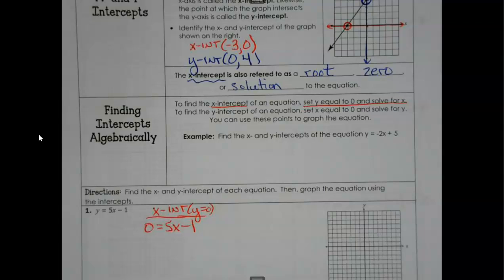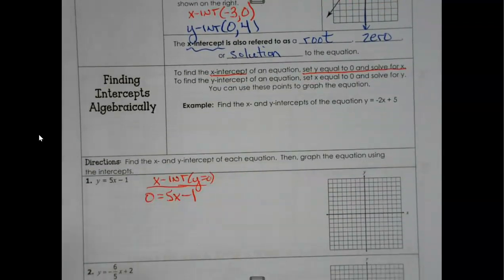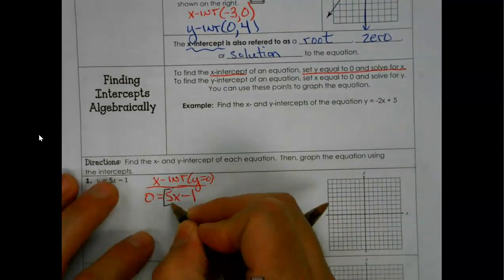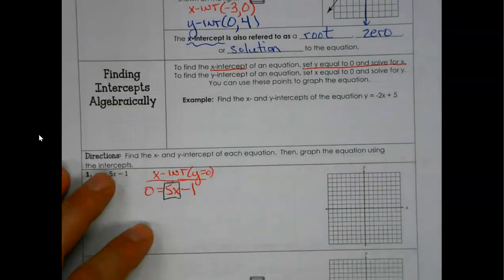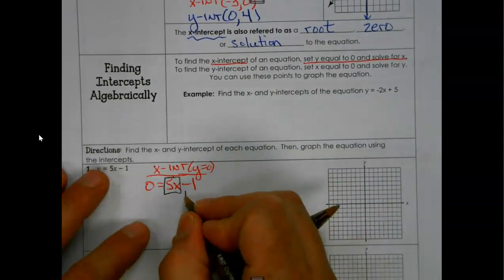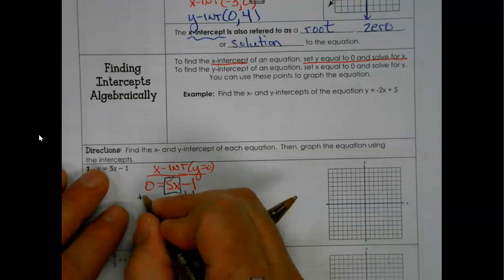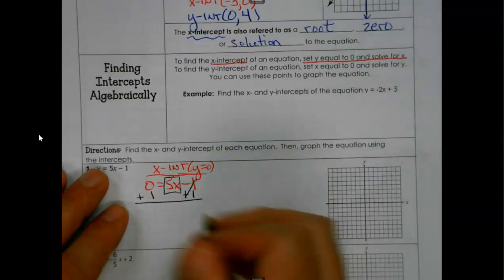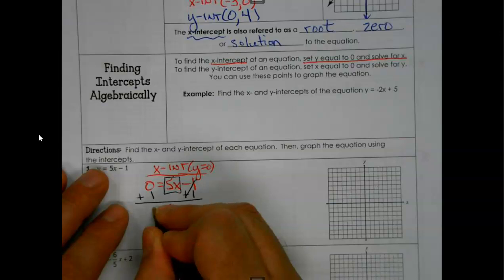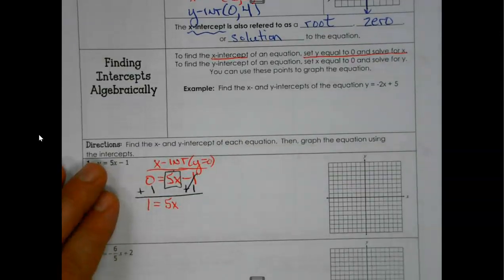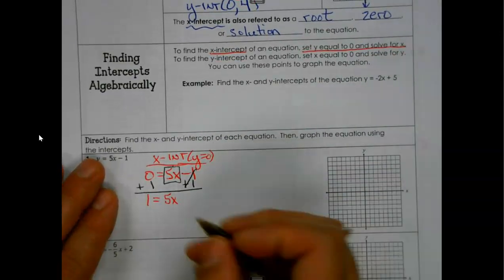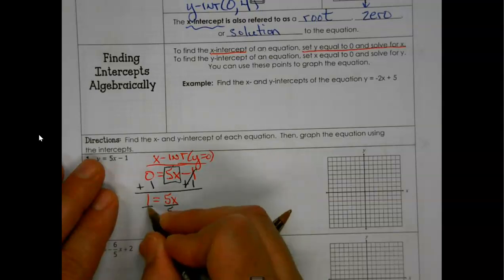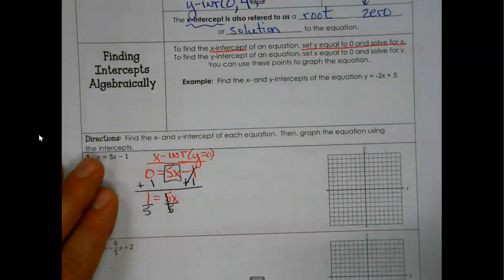And yes, you can get fractions for this. It's okay. So I want to get my 5x alone first because we're solving for x. We're still just doing opposites like we're always doing anytime we're solving an equation. And again, if you get a fraction, be okay with it, okay?